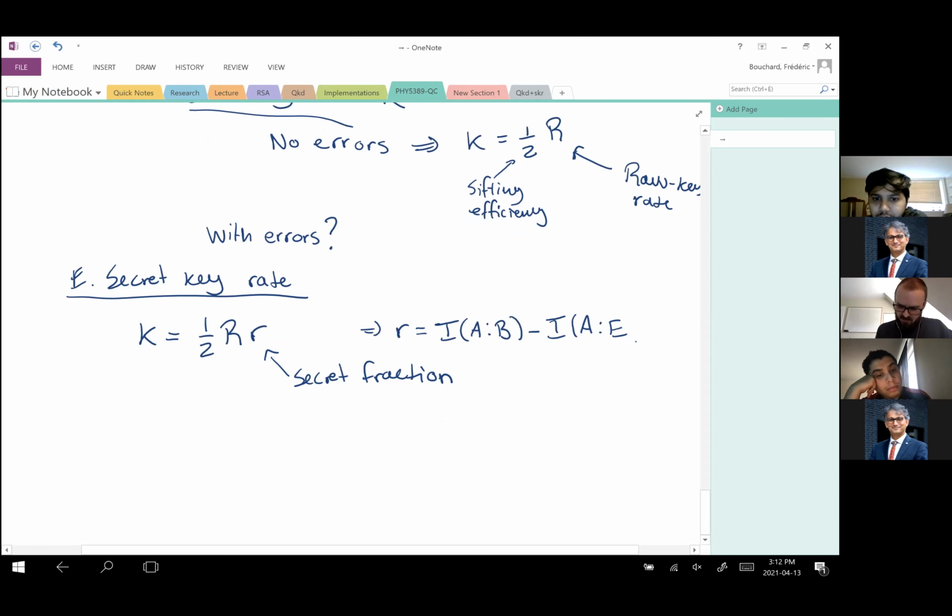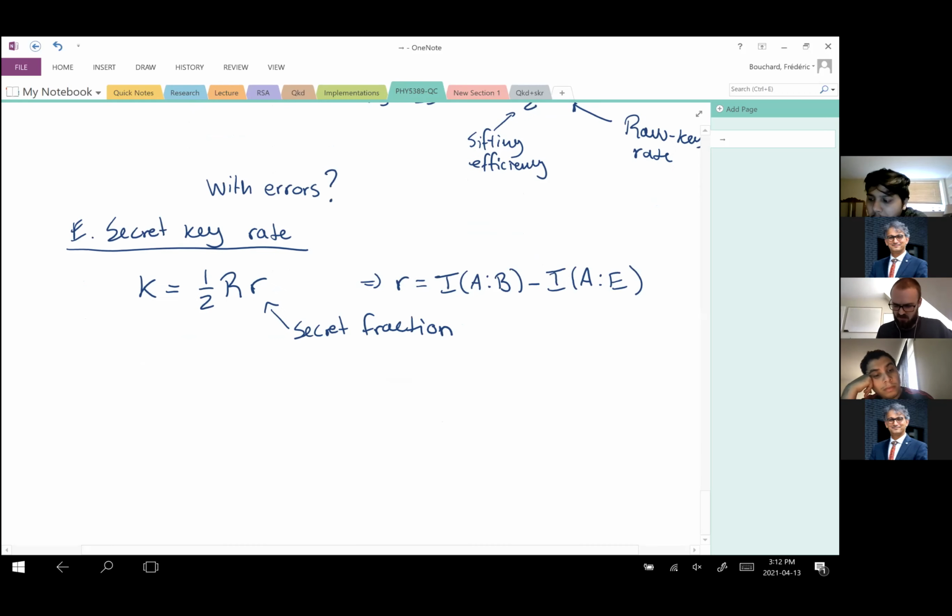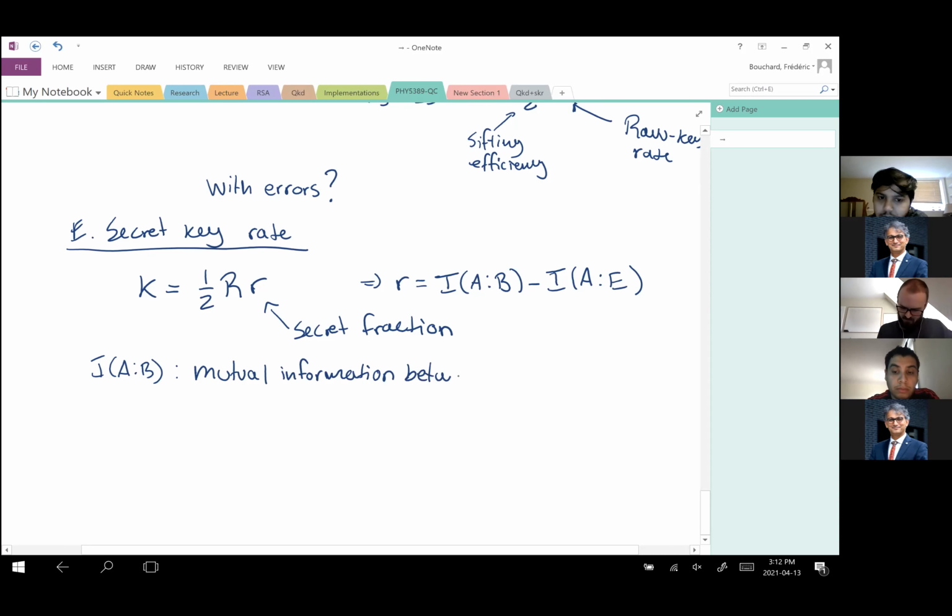So what this means is, IAB, let's write it down here, is the mutual information between Alice and Bob. And then IAE is the mutual information between Alice and Eve.